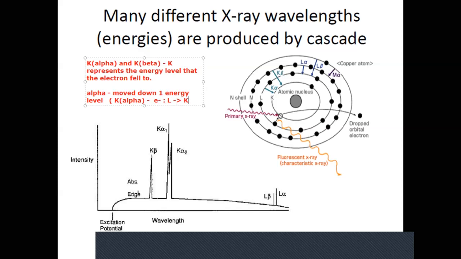So alpha means that the higher energy electron fell from an energy level that's one above the K level. So K alpha means that an electron from the L shell moved down to the K shell. Since it's only one energy level difference, it's referred to as alpha. And then we have beta, and beta moves down two energy levels.